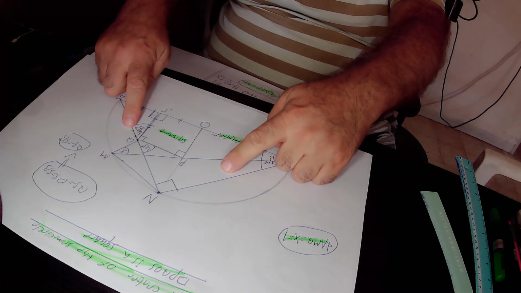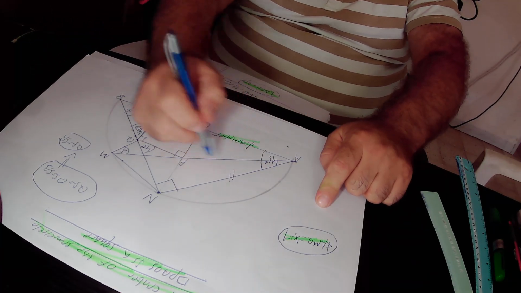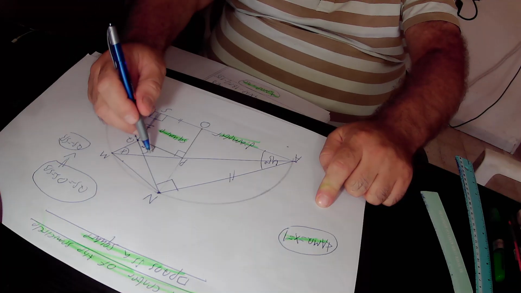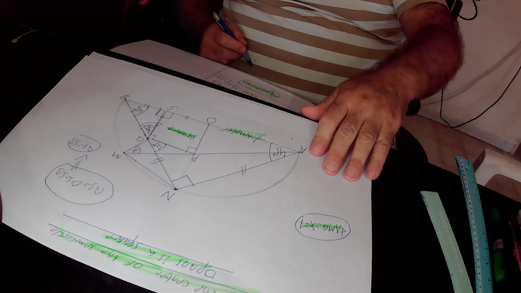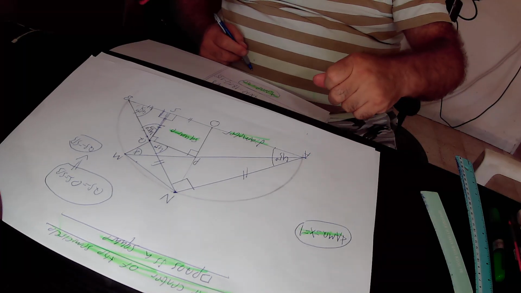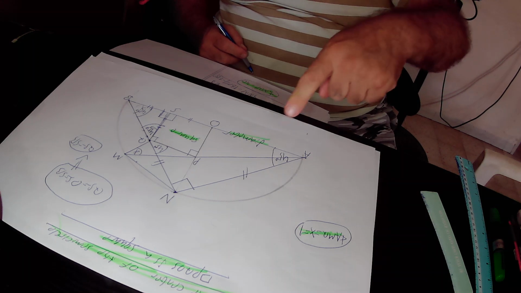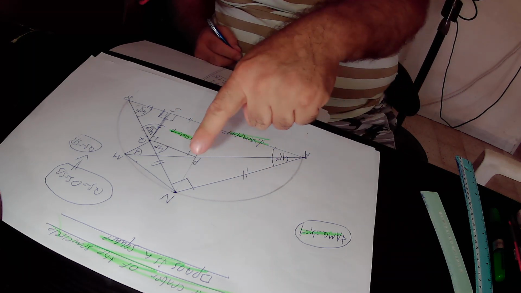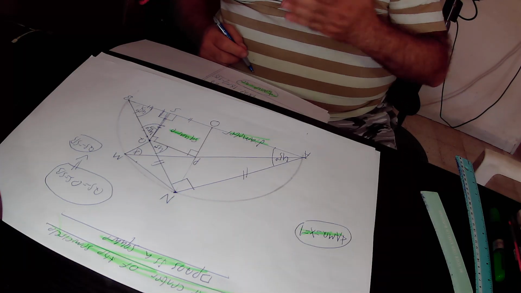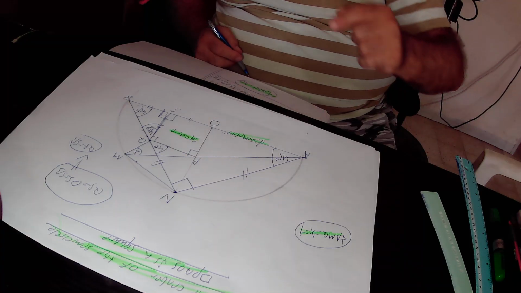So side AN is equal to side NB. Therefore, triangle ANB is also an isosceles triangle, because side AN equals side NB. So triangle ANB is simultaneously an isosceles triangle and also a right triangle.